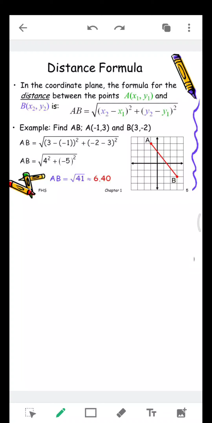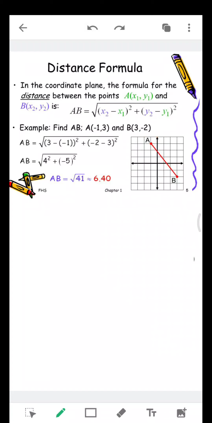Okay, but you will not be asked to draw the graph. So here I have taken a question: the coordinates of A. What are the coordinates of A? It's minus 1 comma 3. And what are the coordinates of B? It's 3 comma minus 2. Here you can have a look. A and B coordinates we have taken.